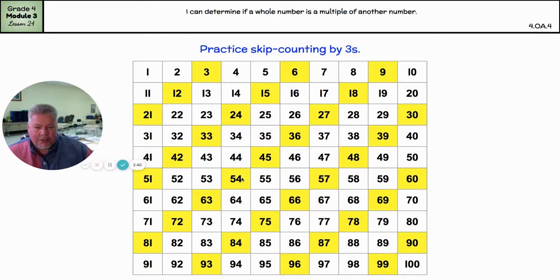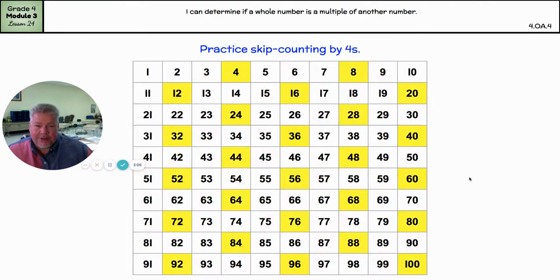Then 61, 62, 63 is the next one. So 57, 60, and 63. Basically, skip counting is what it's going to be asking you to do today.